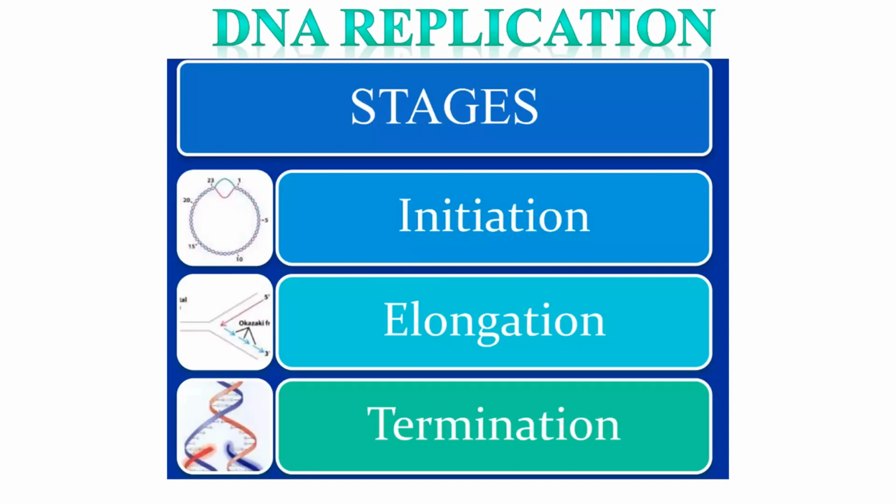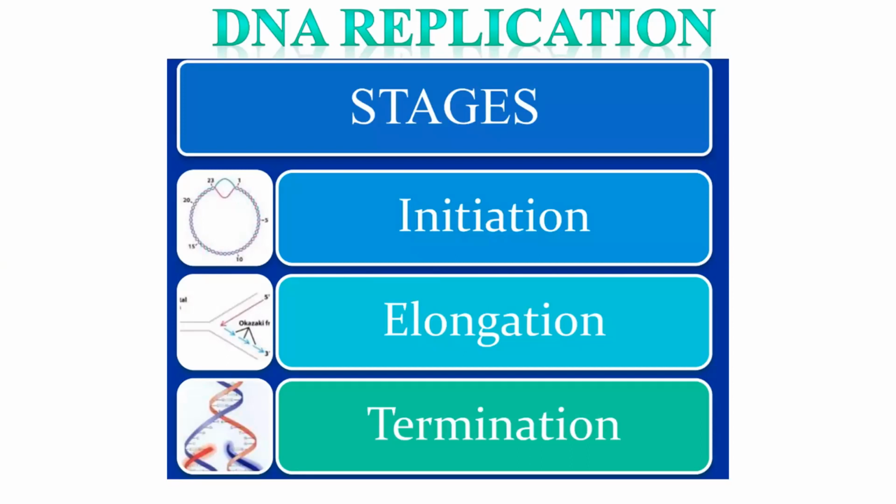In initiation, we can subdivide the stage into two different steps. First is initiation or origin unwinding, and second is replisome assembly. After initiation, there will be elongation. That means DNA polymerase 3 will synthesize both the leading and lagging strand.